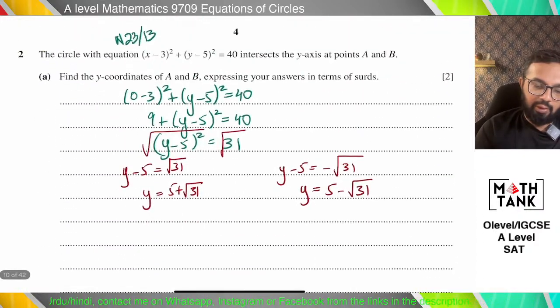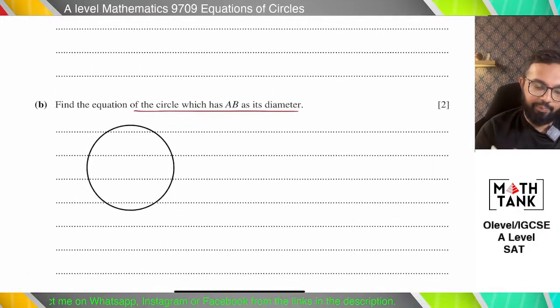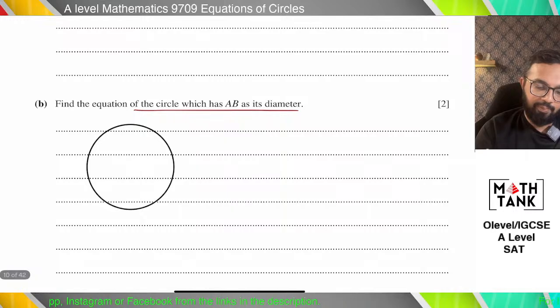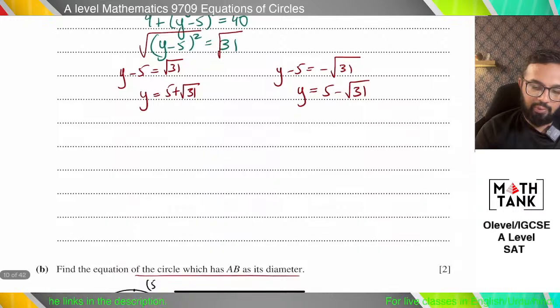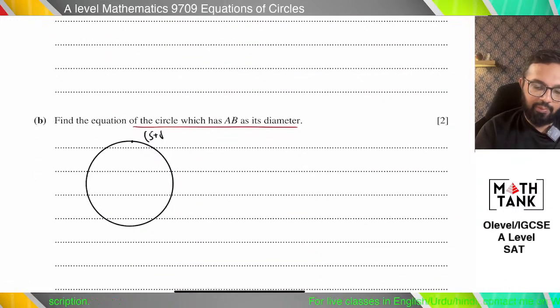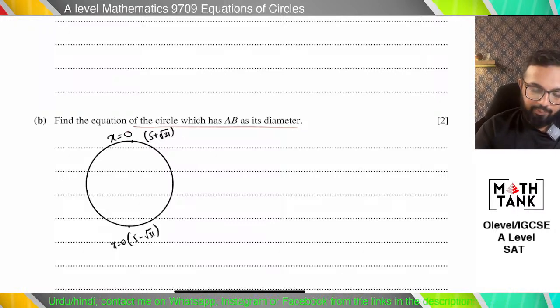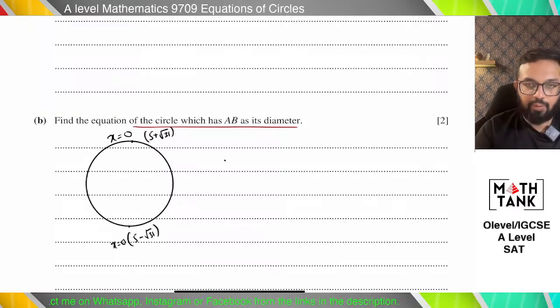Sure, this has to be a vertical line, right? 5 plus root 31 and 5 minus root 31. Both x coordinates are 0.